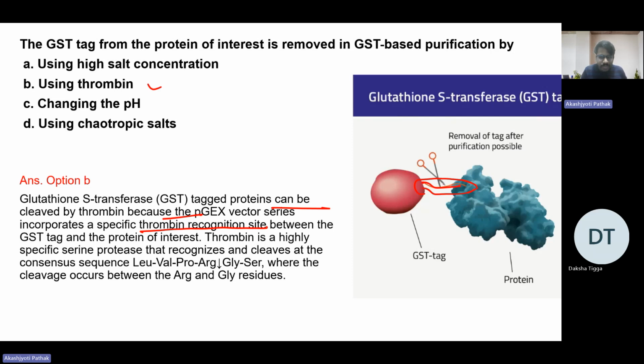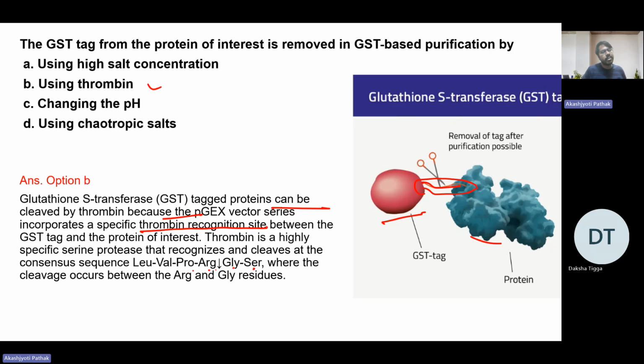This is the GST tag, this is the protein, and in between them you have your thrombin recognition site. So what is the recognition site of thrombin? Thrombin is a serine protease, and it will recognize and cleave the consensus sequence leucine, valine, proline, arginine, glycine, serine. It will cleave between the arginine and glycine.